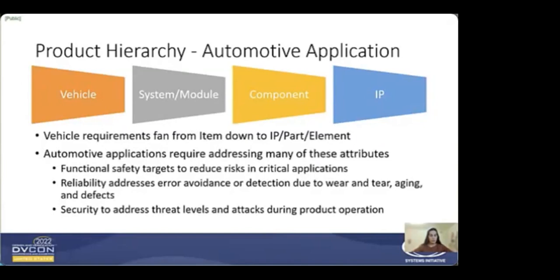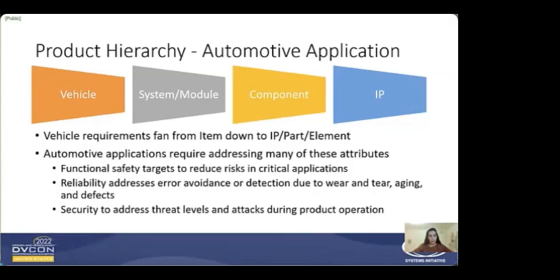We will be rolling these requirements all the way from the vehicle down to the IP. So if we have a requirement that says this application requires functional safety, we know that we will specify a safety goal, and the safety goal will be fanned out all the way down to the IP, to the SoC, to the block. Same thing with security or with reliability. Each and every one of these attributes becomes requirements that will be worked through the different layers within the product.